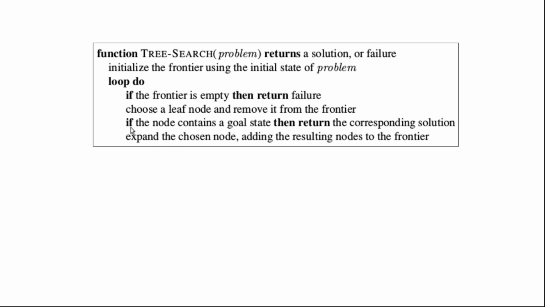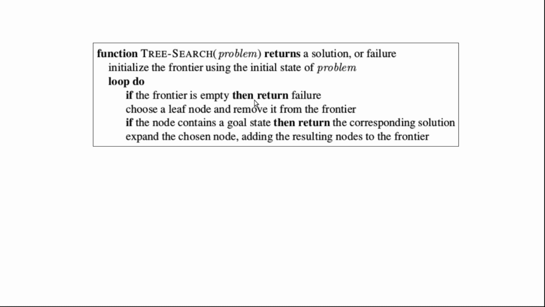We'll exit from this loop in two different ways. The first case is when we cannot find a solution, then we will return failure. This is one way we can return from this search algorithm, and we'll exit the loop also.